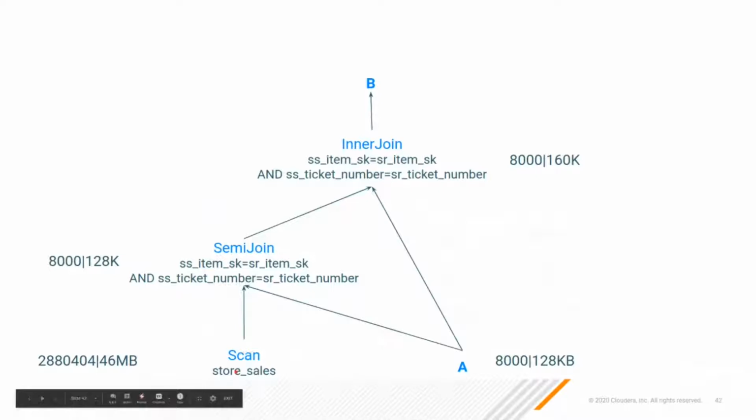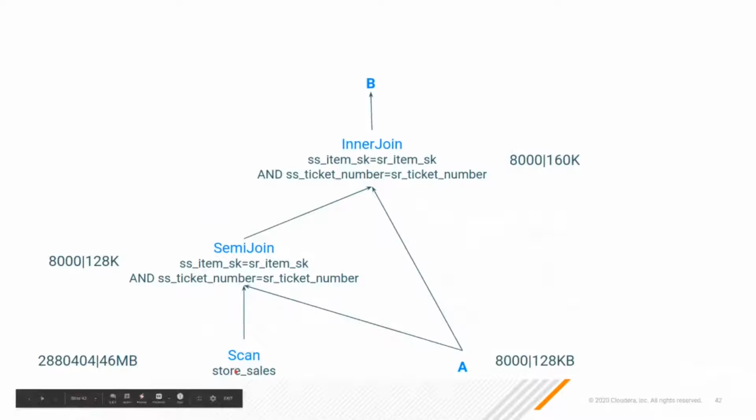From the 2 million tuples, we drop down to 8,000. And assuming that the semi-join is performed on the same node as the scan, in terms of traffic we manage to drop the 46 megabytes to only a few hundred kilobytes.